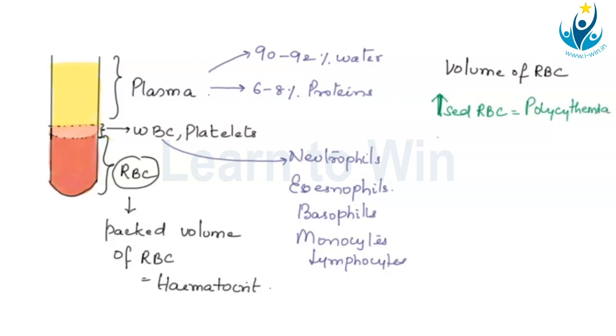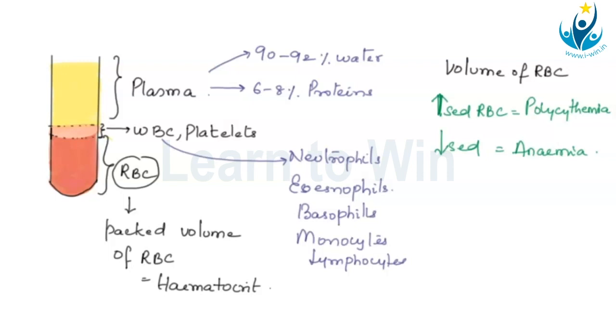And if your RBC levels are decreased below normal, then you are having a condition called anemia. And if they decrease even further, it is called erythrocytopenia also, that we will go into later. So this is plasma, hematocrit, WBC and platelets.